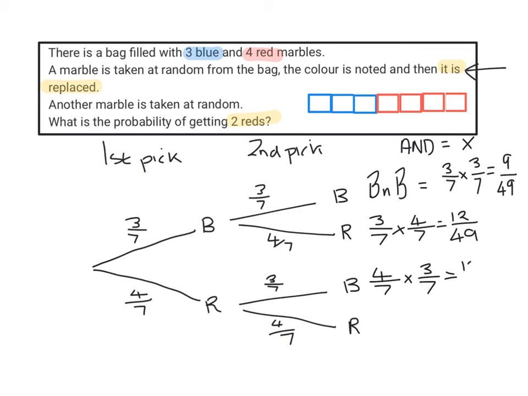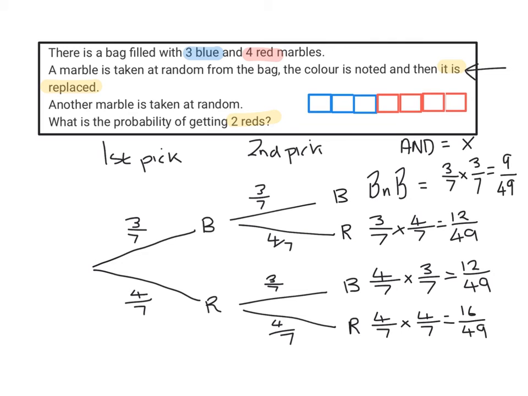Four times 3 is 12. 7 times 7 is 49. And then the last one, a red and a red, is 4 out of 7 times 4 out of 7. Four times 4 is 16 over 49.